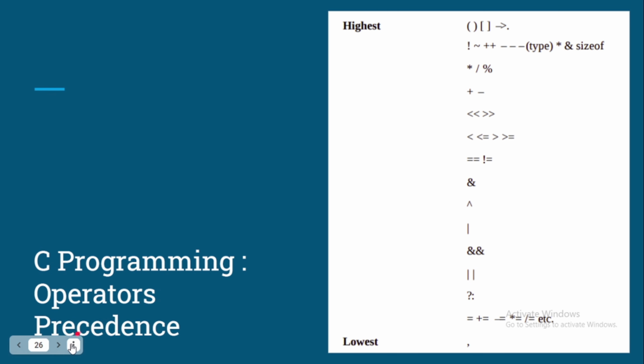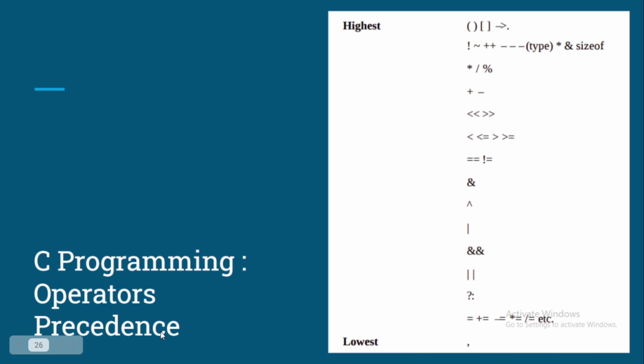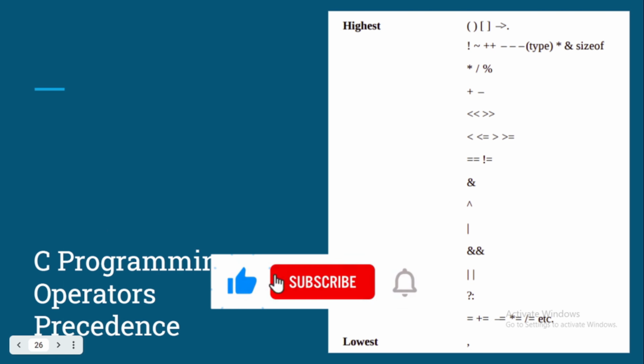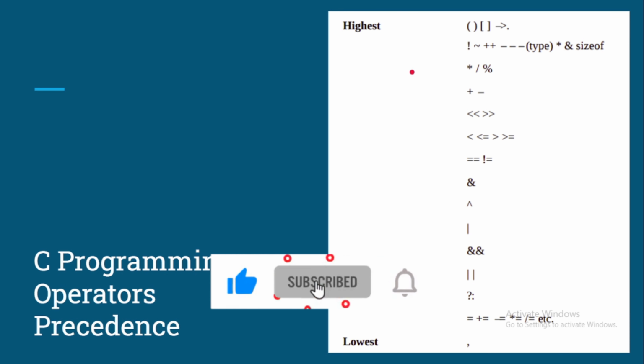So we have a very quick topic here to understand, in simple words, the order of operators, or operator precedence. What is that? It is the order in which a compiler calculates by priority.